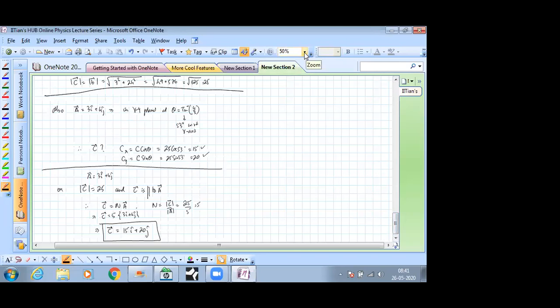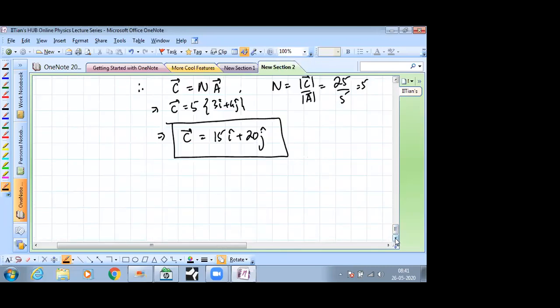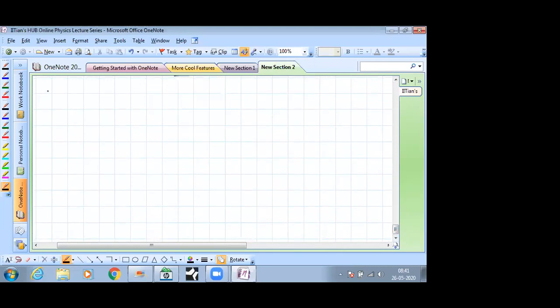All right, let's move on. Now, the third question is very simple, so I'm not going to get into the full discussion. But since a few students have asked, I'll just explain how to do it. In the third question, you have to find the condition for a given vector to be a unit vector.